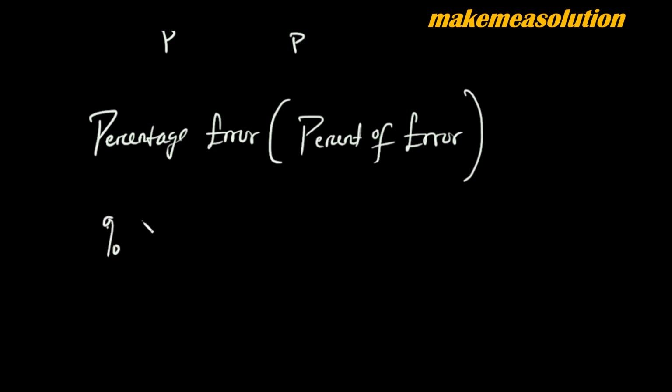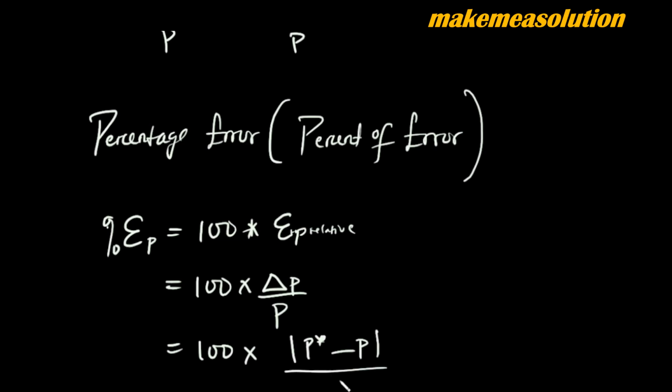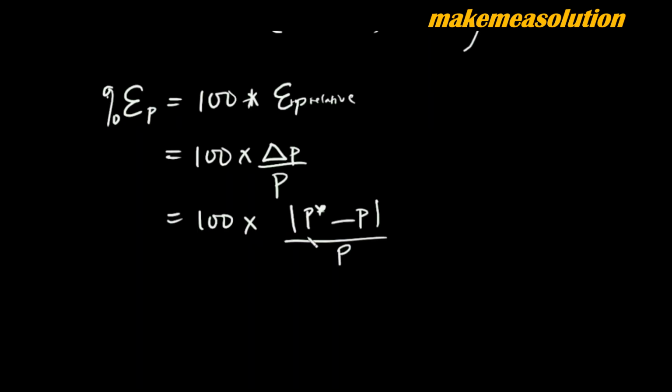So our percentage error in measuring P is 100 multiplied by the relative error in measuring P. So in other words, I have 100 times delta P over P, which is still the same thing as 100 times P star minus P over P.